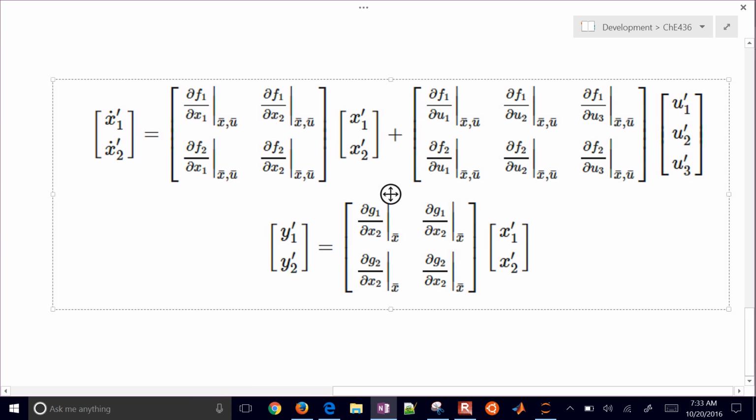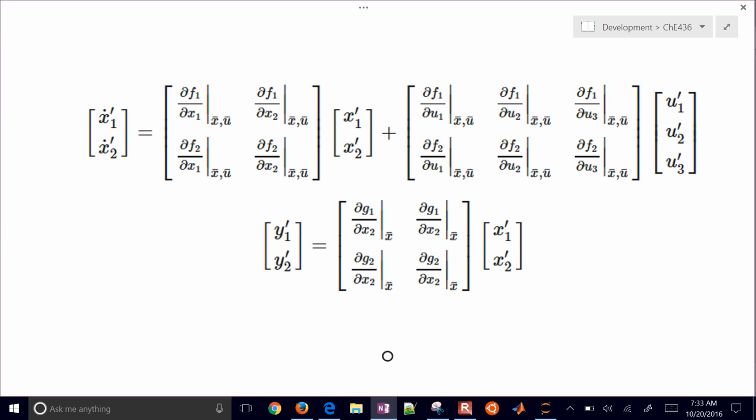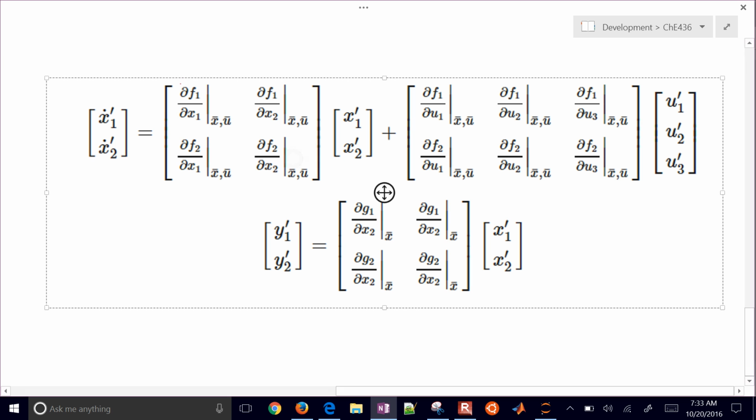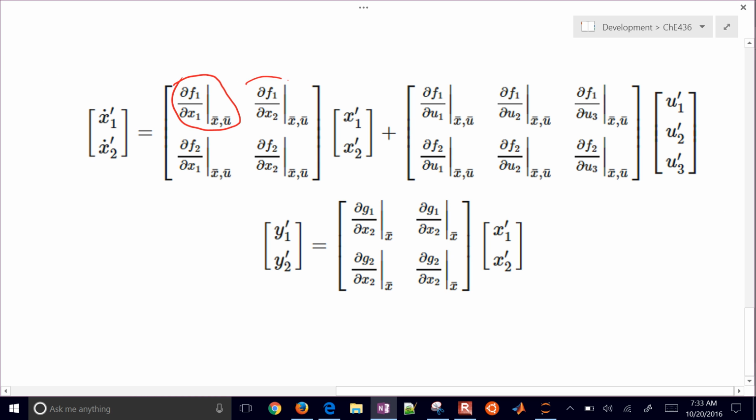Okay, so what we're doing with any general nonlinear equations, we just take the partial of that function with respect to each variable, and then these become coefficients. So these will become like alpha 1,1, alpha 1,2. In this case I showed 3 inputs, but in our case we only have 1 input, so this would go away.